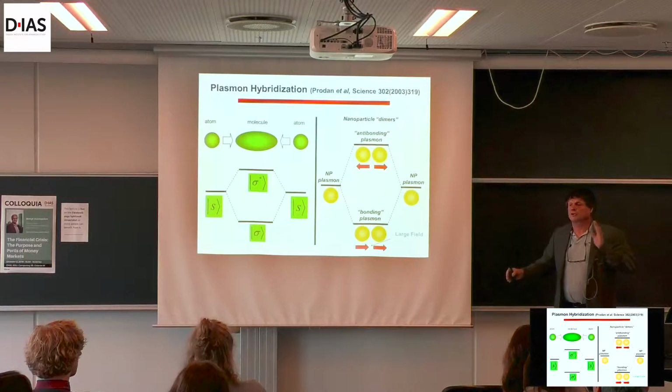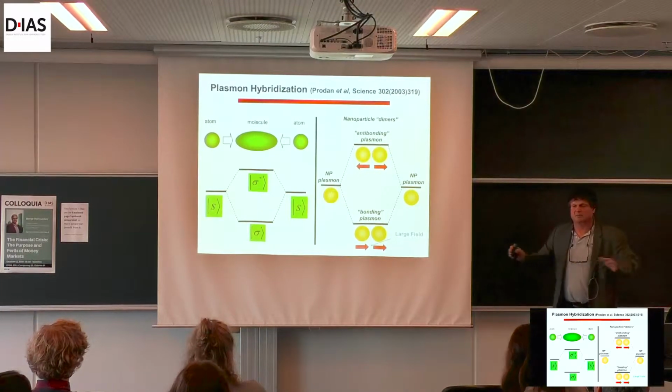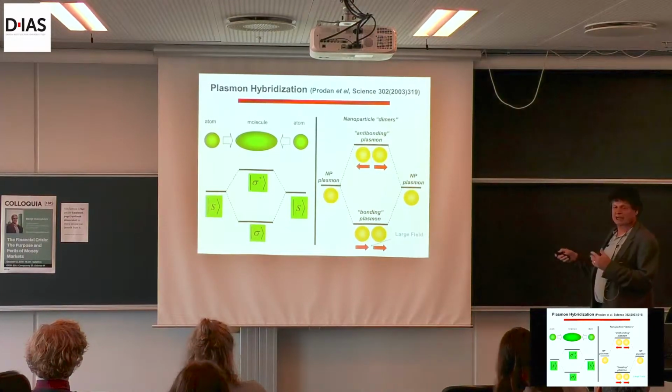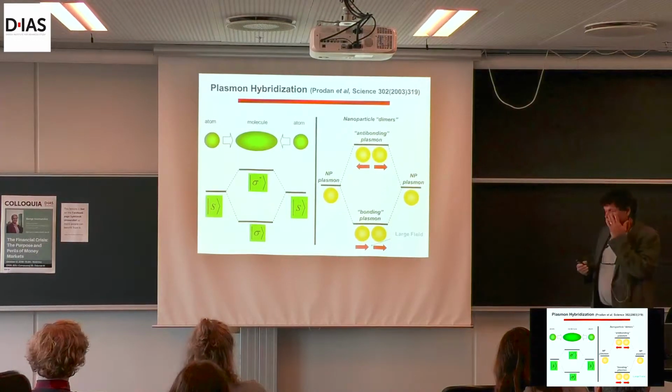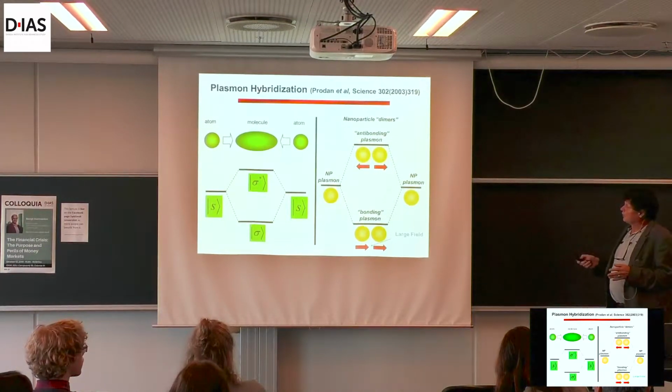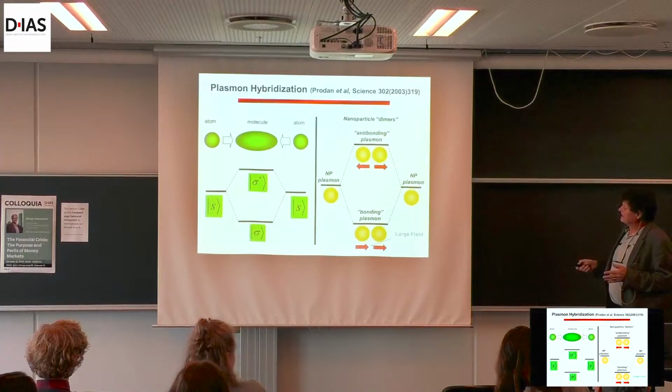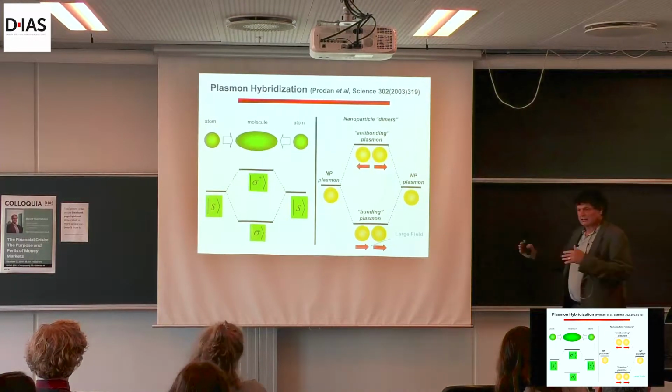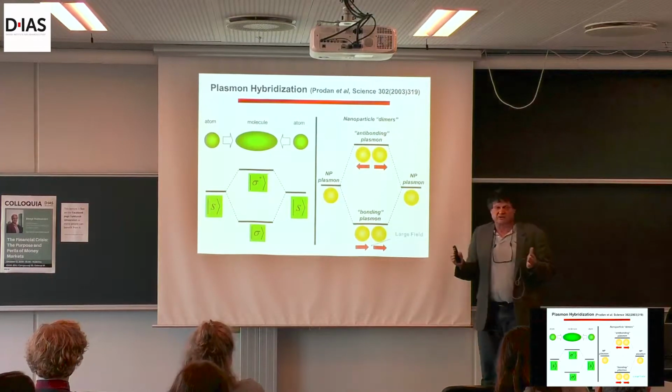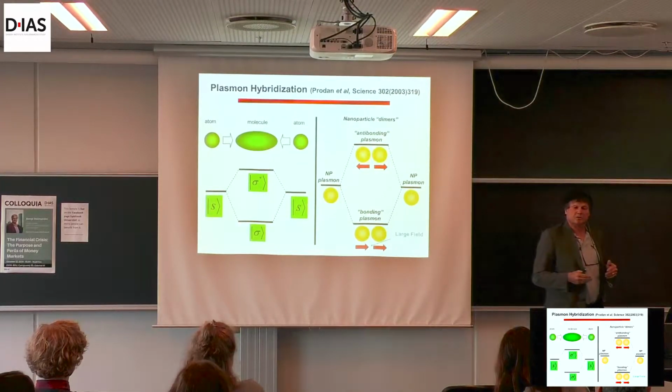In molecular orbital theory, you talk about expansion coefficients and orbitals. In a plasmonic structure, you talk about plasmon amplitude. So what happens when you have this interacting plasmonic structure is that you form a bonding mode, just like 2 hydrogen orbitals interact to form bonding and antibonding orbitals.